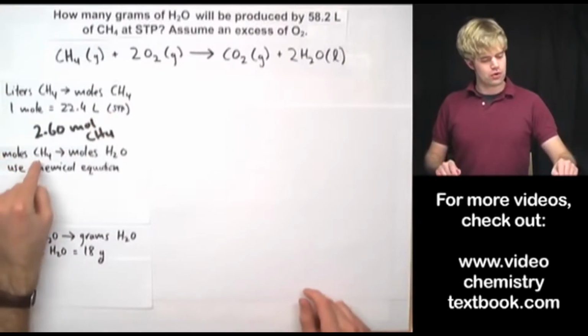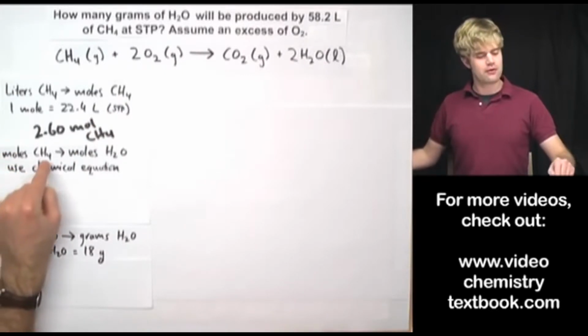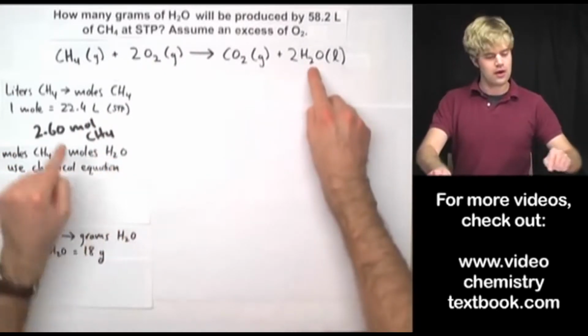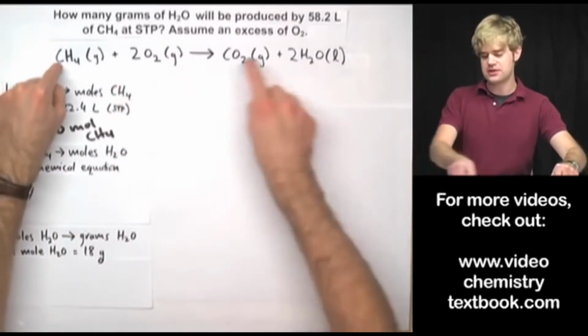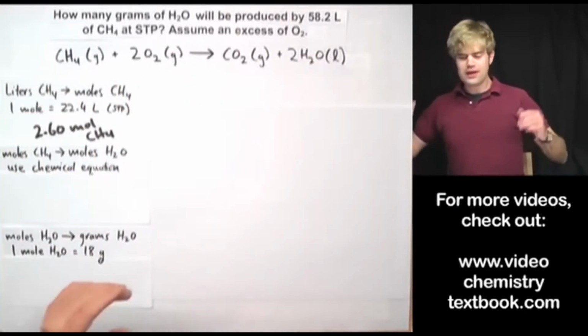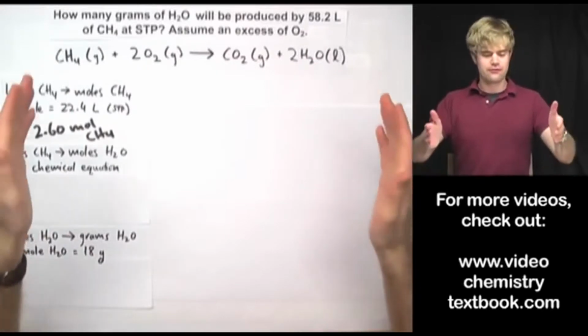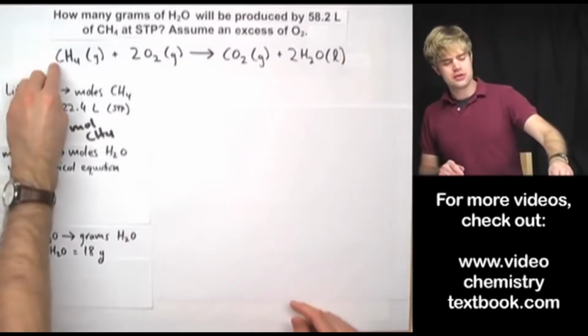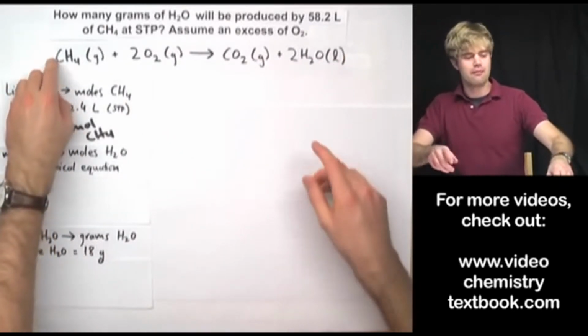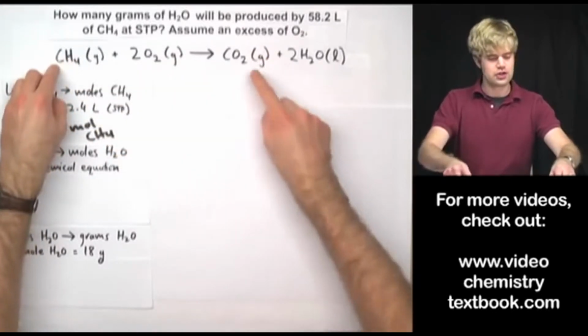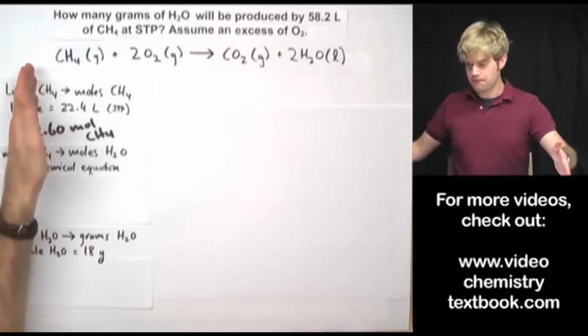Now that I know the moles of CH4 that I have, I want to find out the moles of H2O that amount of CH4 is going to give me. We can use the equation to find out the relationship here. If there's not a number in front of a molecule in an equation, it means that the number is 1.